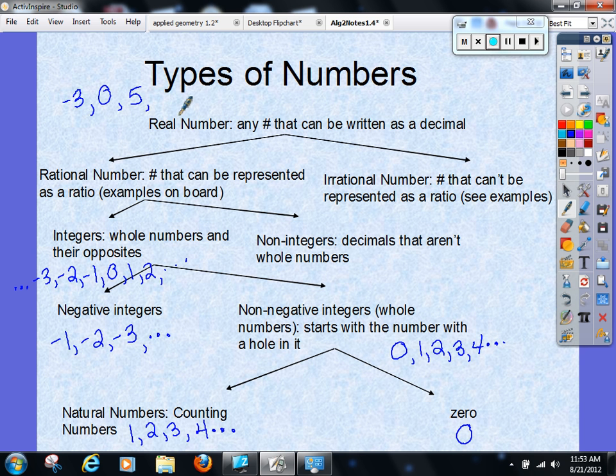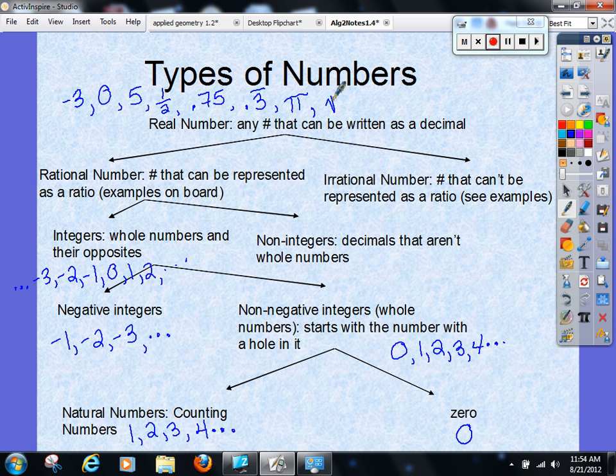Other numbers that we can graph on a number line would include fractions such as 1/2, decimals such as 0.75, repeating decimals, 0.3 repeating bar, special numbers that Mrs. Bruno's fond of such as pi. I can graph pi on a number line. I can't really get it in the exact spot that it belongs, but I can get pretty close.